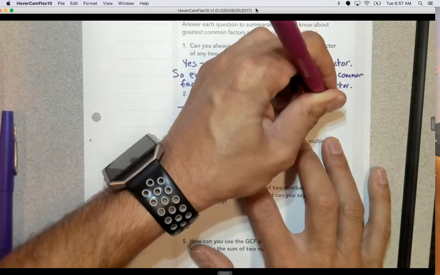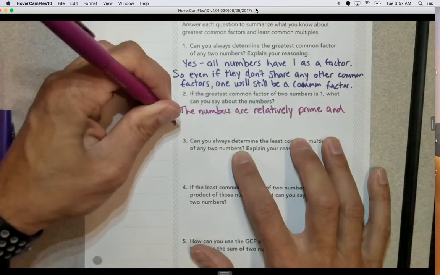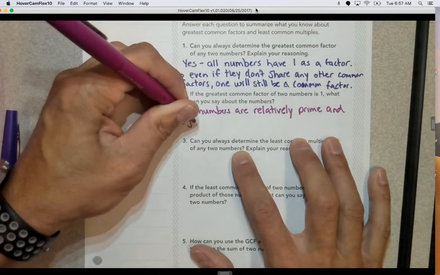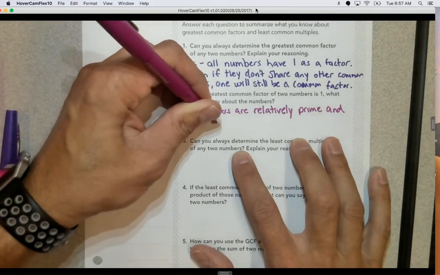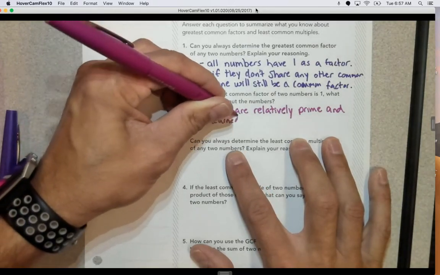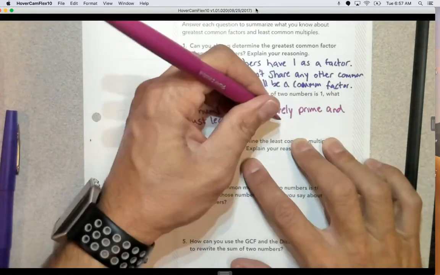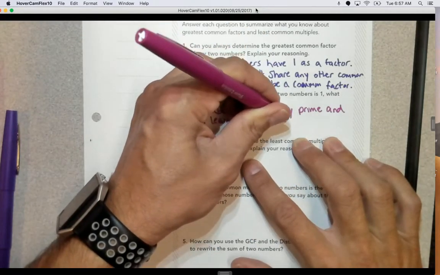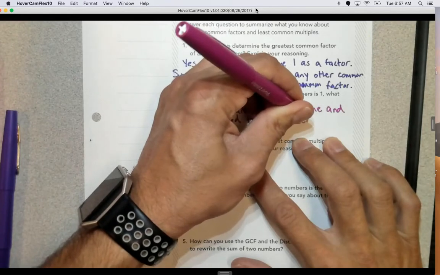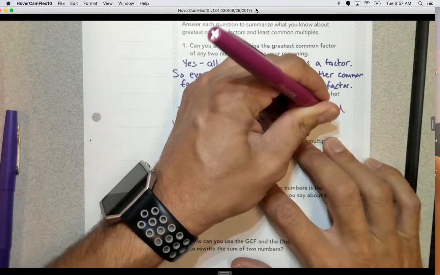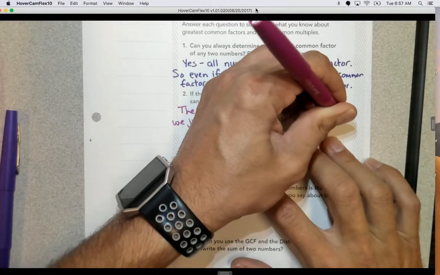And we just learned, or I just learned, that their LCM will be equal to their product, which is like a common multiple of any two numbers.